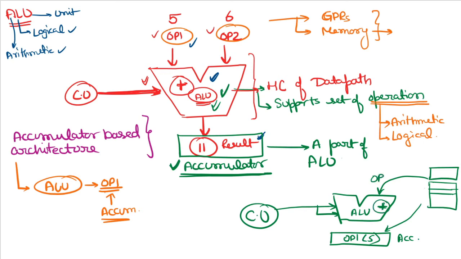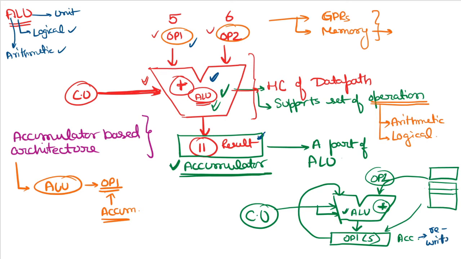So operand 2 comes from either a general purpose register or main memory, and operand 1 comes from the accumulator itself. Again, the result will be saved in the accumulator. As soon as the ALU performs any operation, the accumulator gets rewritten.